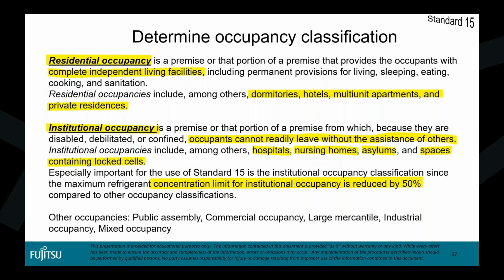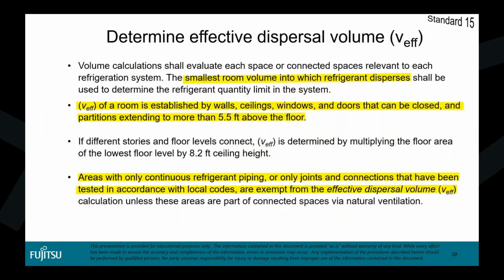So let's look at how you determine the dispersal volume, the room volume for this. Again, we're going to look at the smallest room where it can disperse or leak. Second bullet, they define a room by walls, ceilings, windows, and doors that can be closed, and partitions above 5.5 feet above the floor.